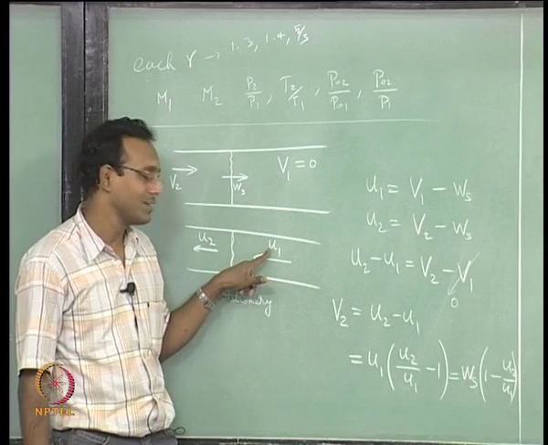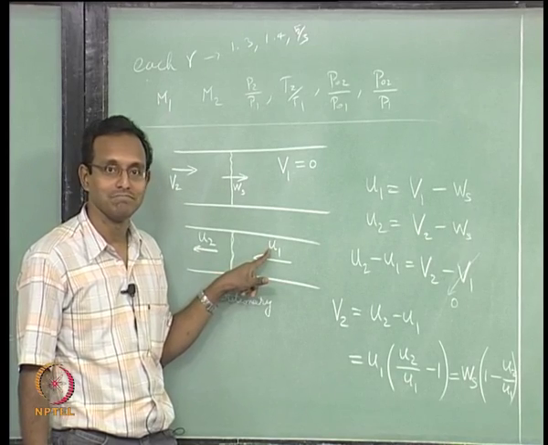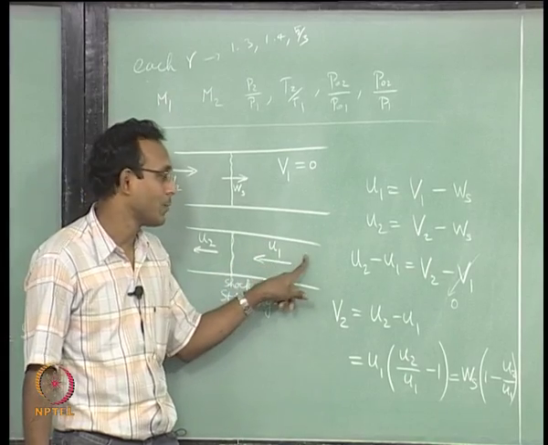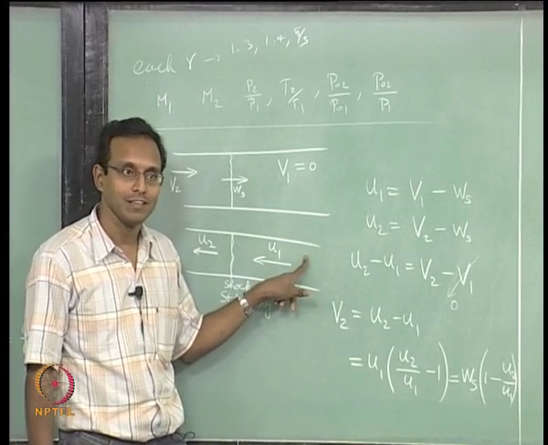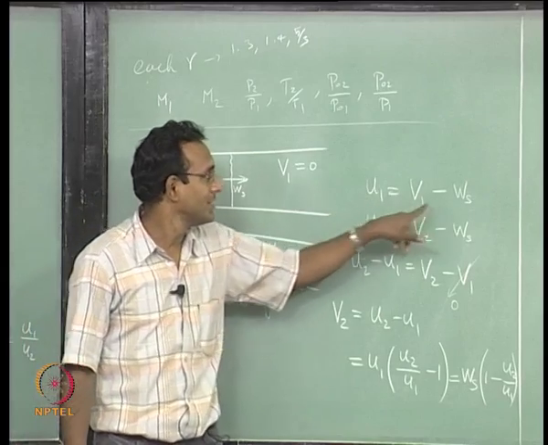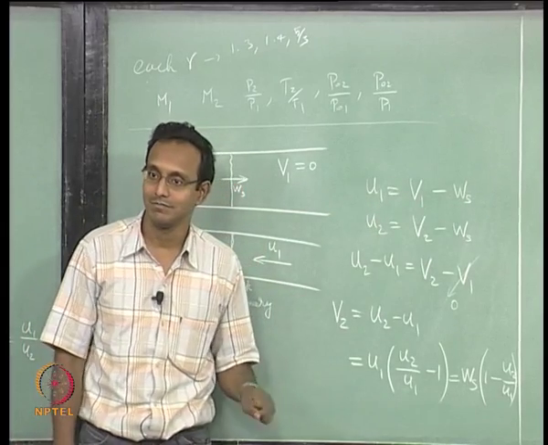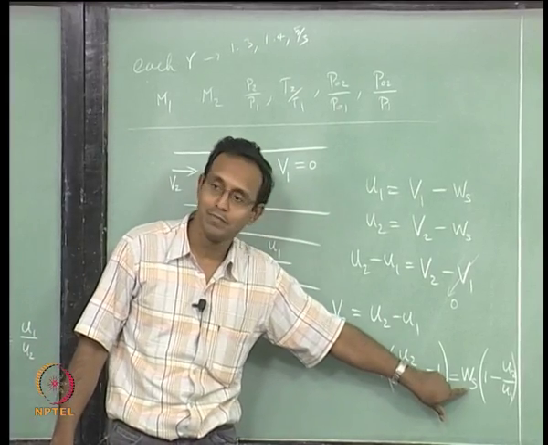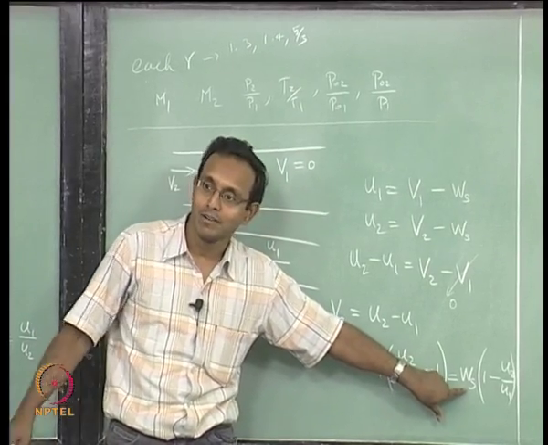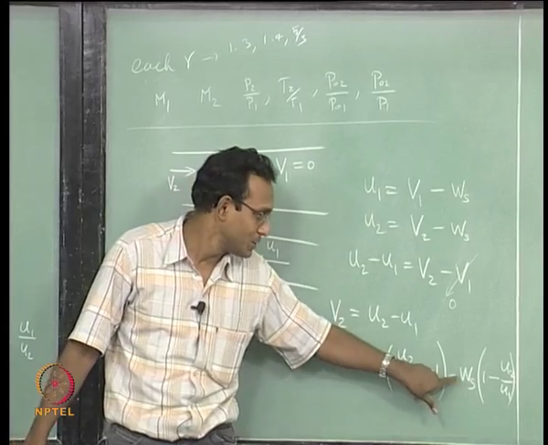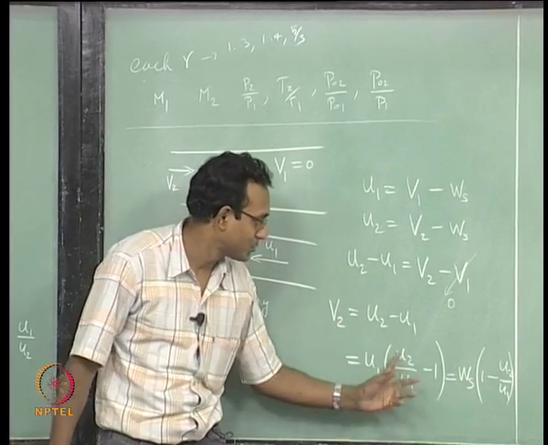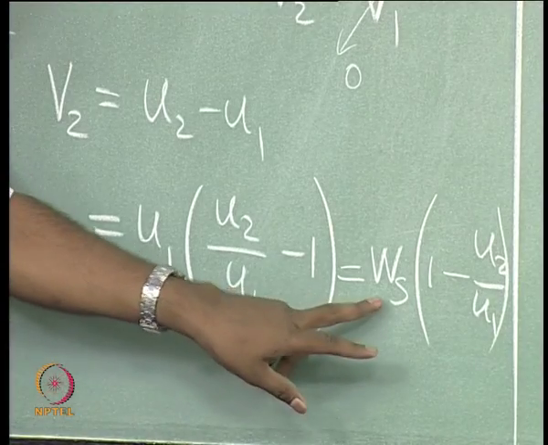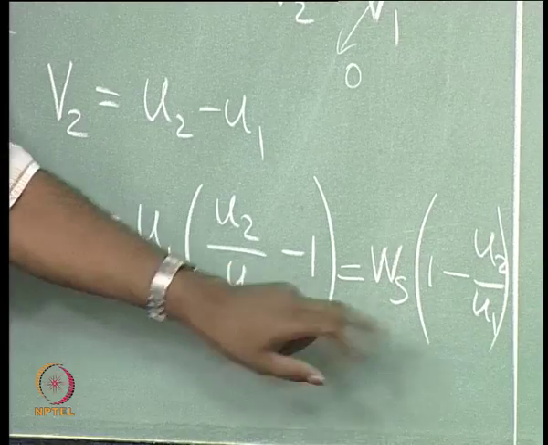How will I write u1 in terms of Mach number? u1 can be written as m1a1. Now I know u1 is equal to minus Ws, and I have already used up the minus sign, and the minus sign went into this to flip the terms the other way. So I am going to say this is equal to m1a1.